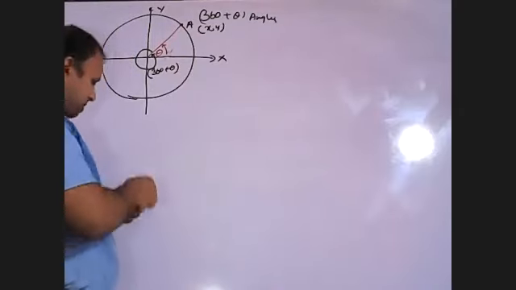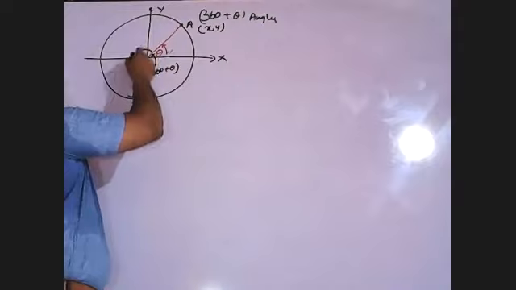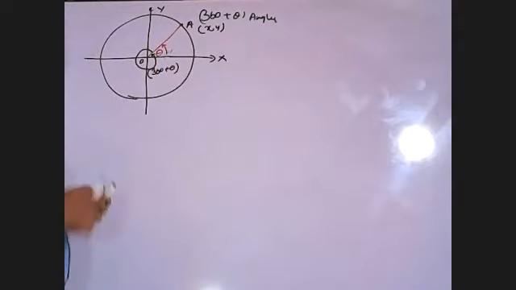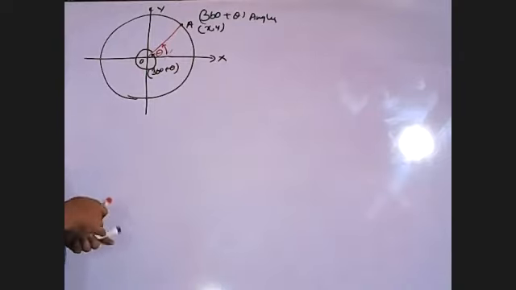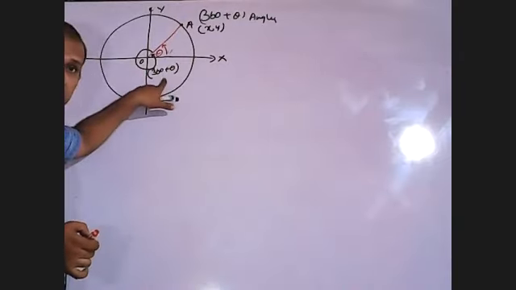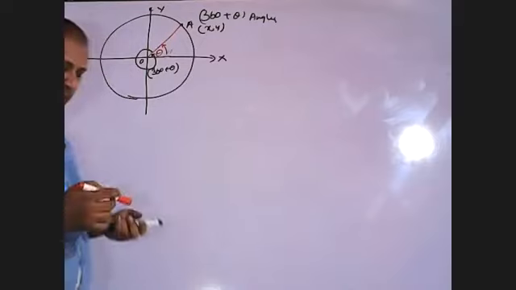Then, suppose this is so. Then you can write an expression for sine 360 plus theta using the unit circle definition.